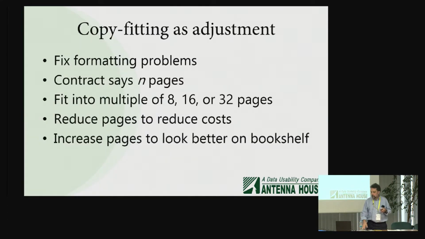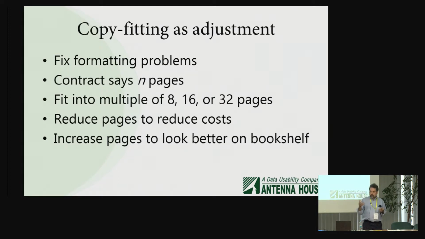Fairly straightforward. The second aspect, copy fitting as adjustment, sometimes this is to fix formatting problems. Sometimes, as I said, the publisher has said how many pages he wants, or the company wants the book to be.